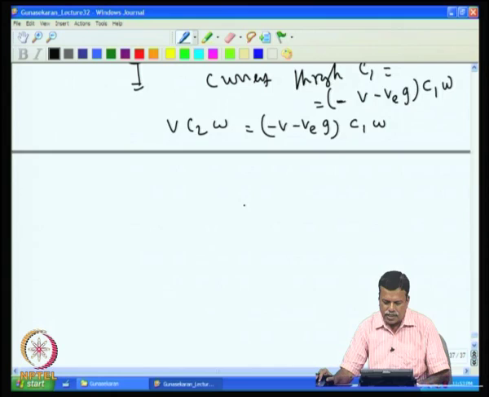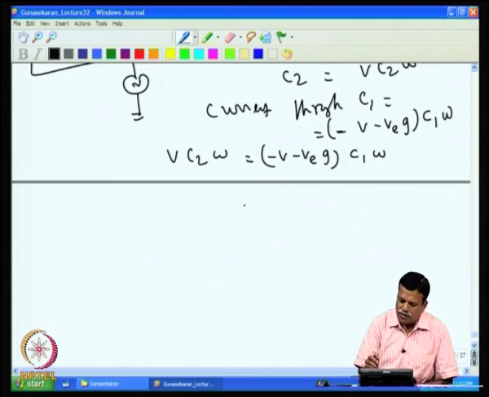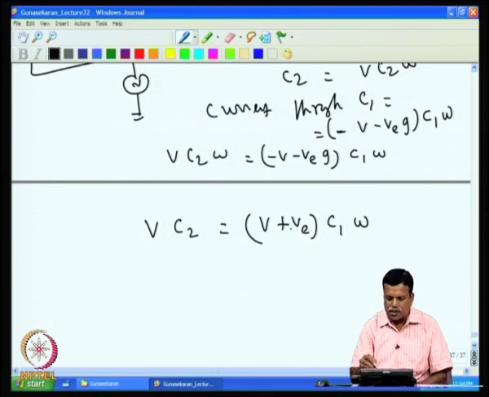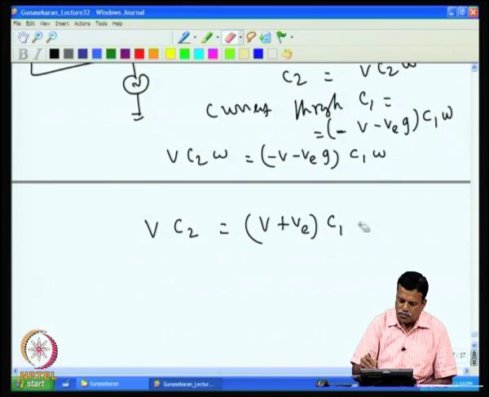Since I equated this, we can remove the minus sign. Omega can be removed. So, we have V into C2 equal to V plus VE into C1, or it can even be minus that, depending upon the polarity. This omega is gone from both sides.